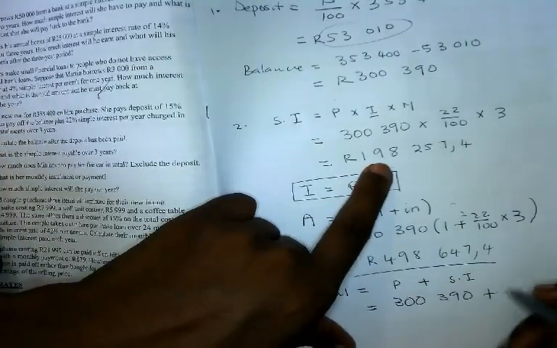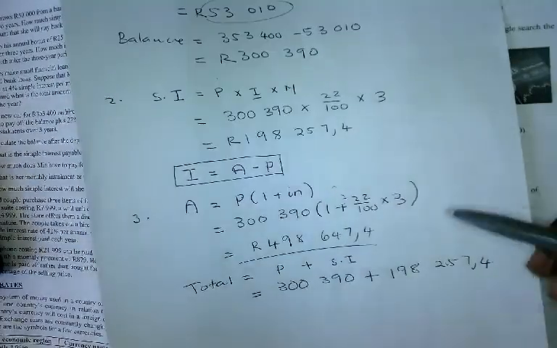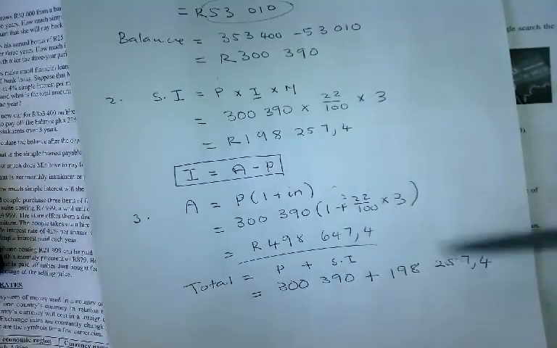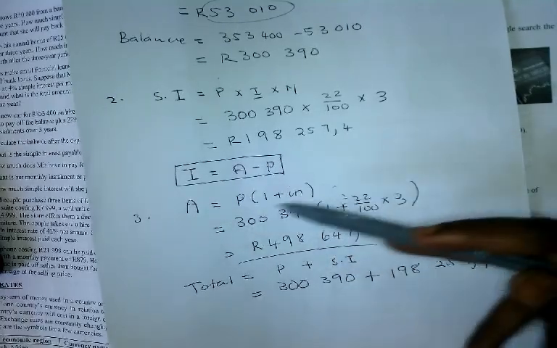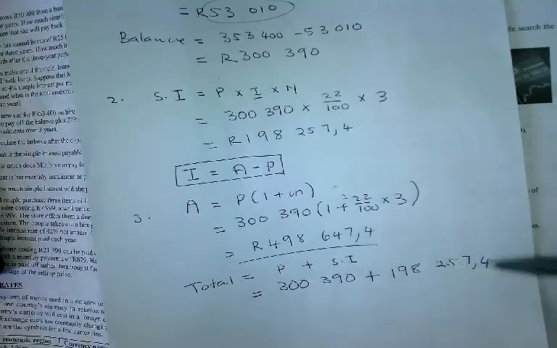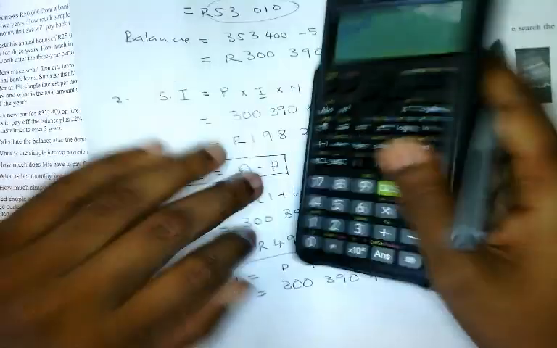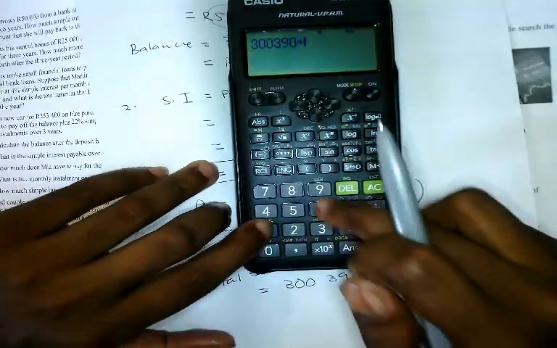It should give you the same thing, but you need to choose which one you're going to use. Either you use the PIN formula, which you need to know as it is, or you work out the interest and then add this amount. Let's see if we get the same answer. Yeah, we get the same amount.